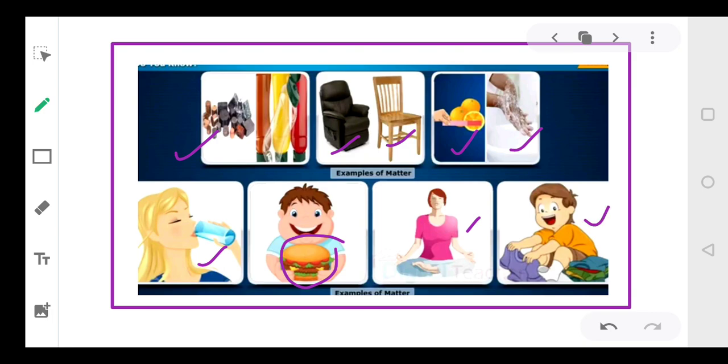Do you think these all require some place to be kept? Do we require some space for keeping the clothes, chair, sofa, lemon? When you sit, do you require some space? Yes. So all these substances are examples of matter. So what is matter, dear students? Matter is anything that has mass and occupies space.